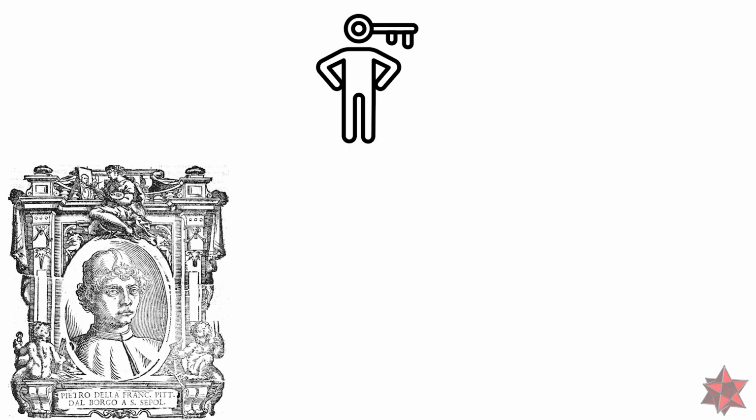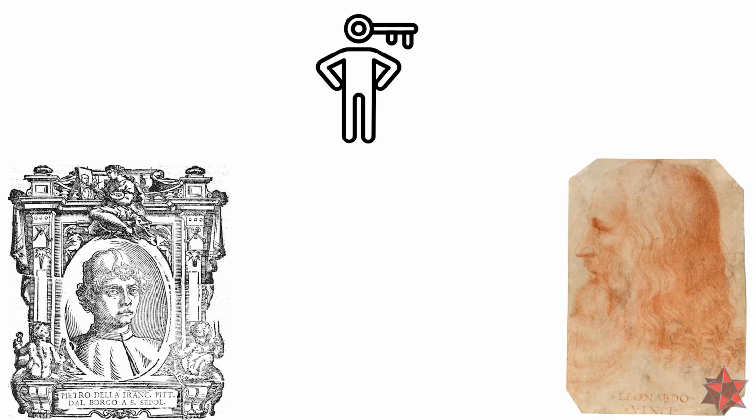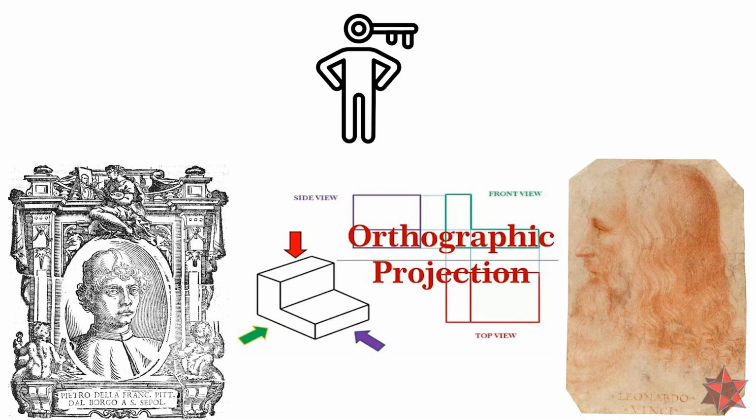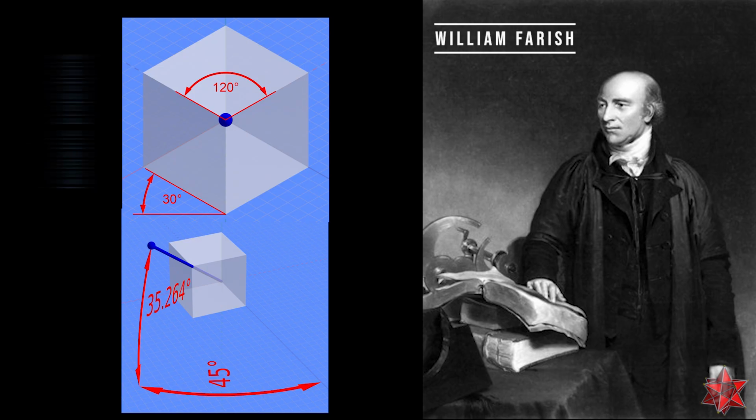Characters like Piero della Francesca, who used orthogonal projections to create three-view drawings, Leonardo da Vinci, who explained in detail about the perspective drawings, Dürer, who published the first book on orthogonal drawings, and William Farish, who introduced the term of isometric drawing.